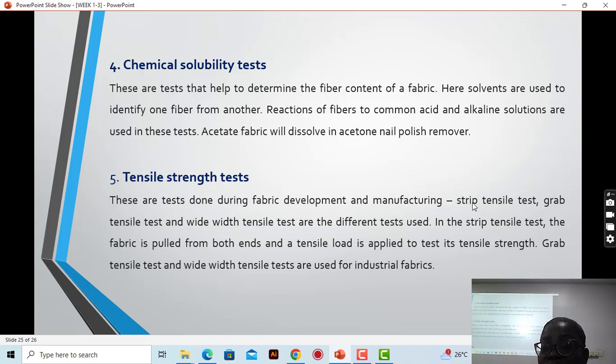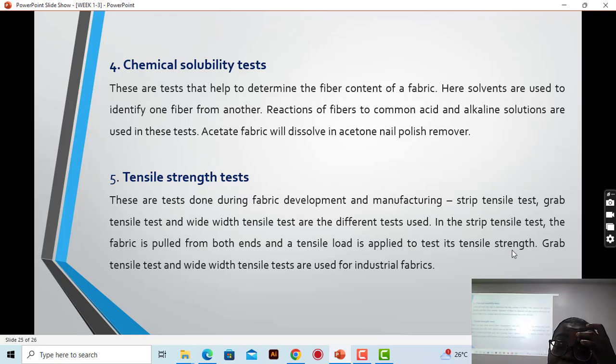So, strip tensile strength, grab tensile strength. There are all different types of tensile strength tests. The strip tensile test and the wide width tensile test are the different tests used. In the strip tensile strength test, the fabric is pulled from both ends and a tensile load is applied to test its tensile strength.